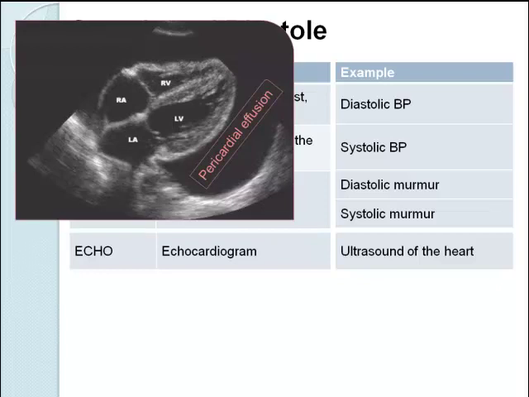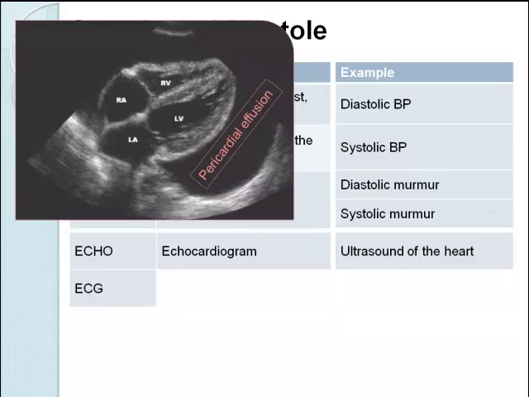An echocardiogram would show up all the valves opening and closing, and you can also see blood flow through the heart. Very clever stuff.